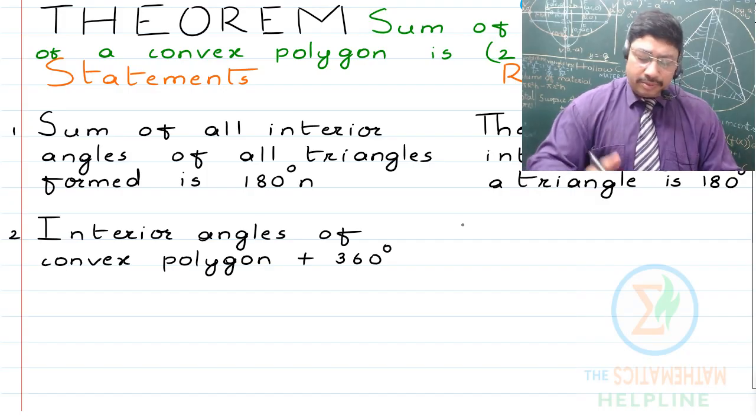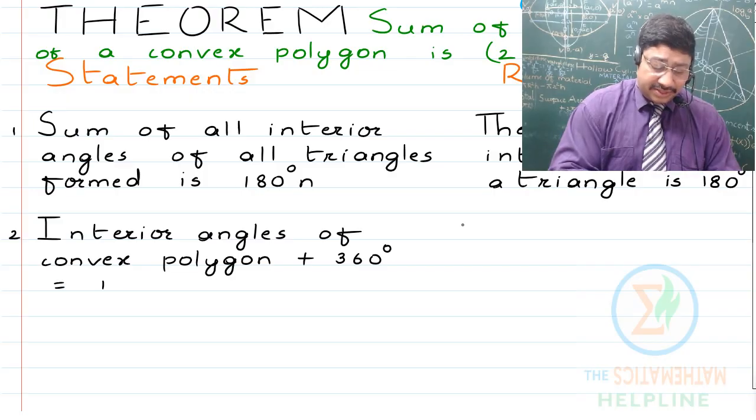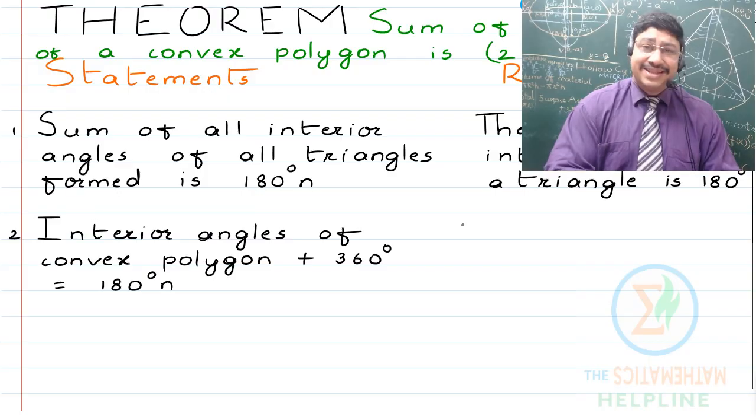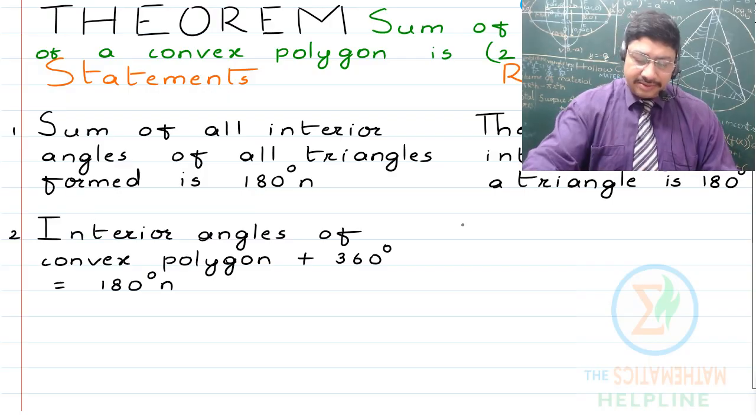That is angle about a point, which equals 180 degrees multiplied by n, that is the sum of the interior angles of all the triangles, right?